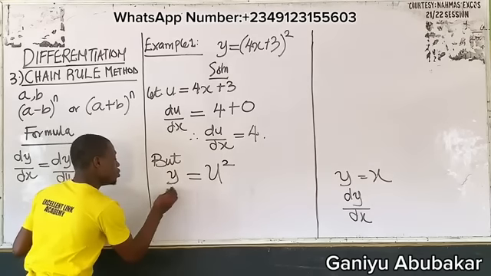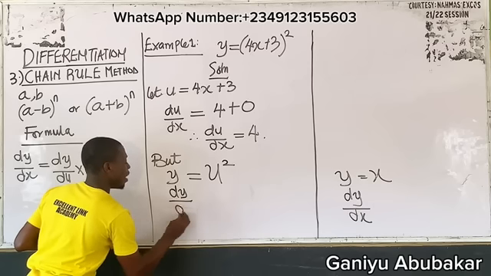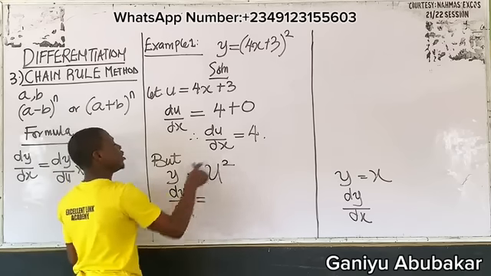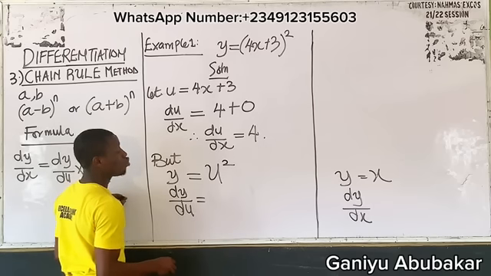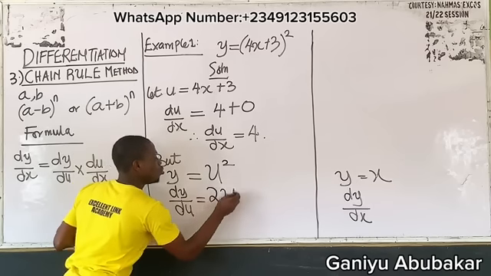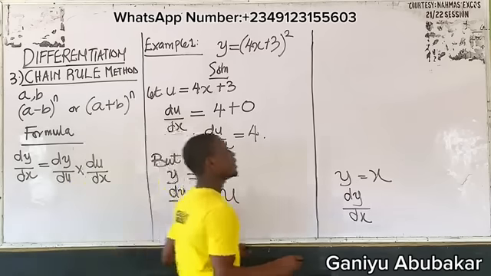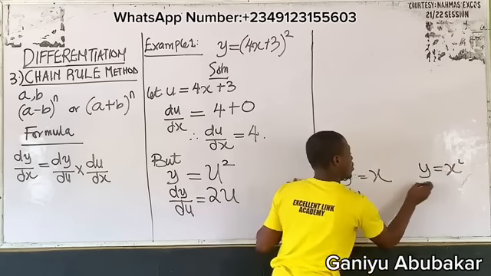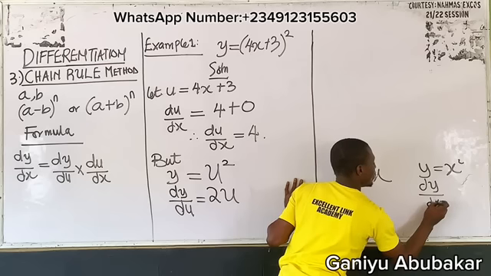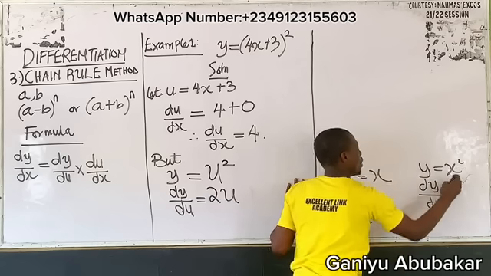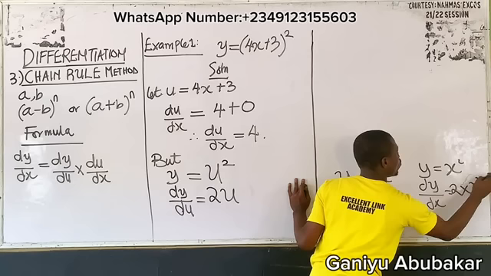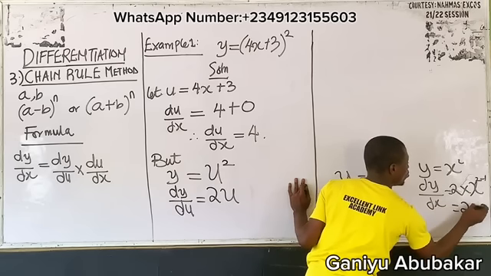I'll have dy over du as being equal to, differentiate u squared, I'll have 2u. This is like saying I have that y is equal to x squared. Dy over dx, the power here is 2, that becomes 2 times x to power 2 minus 1, which is 2x.